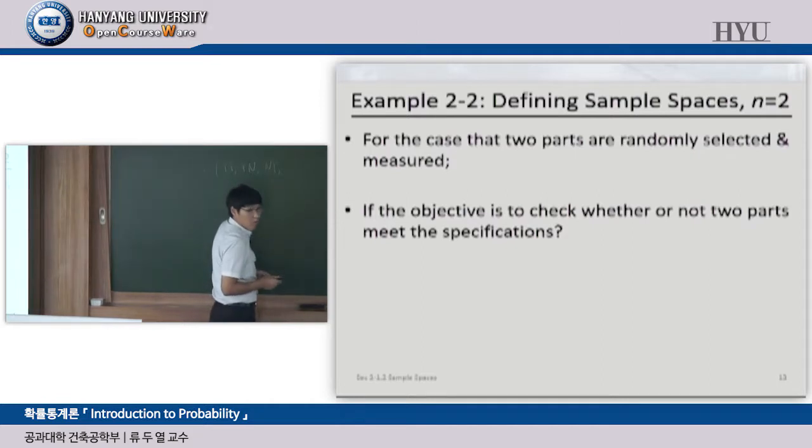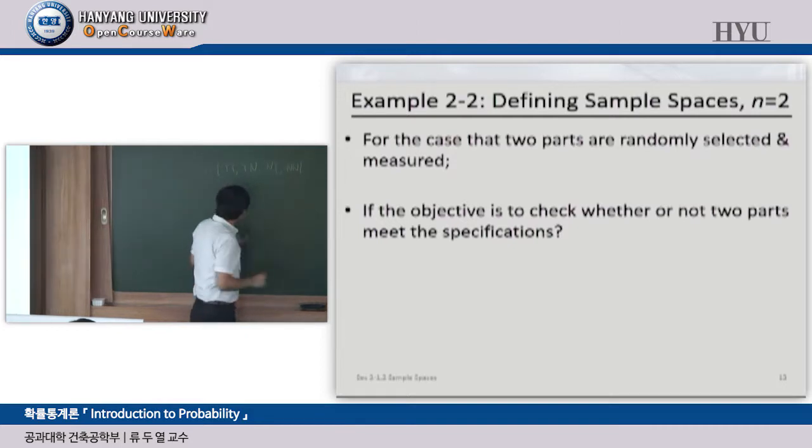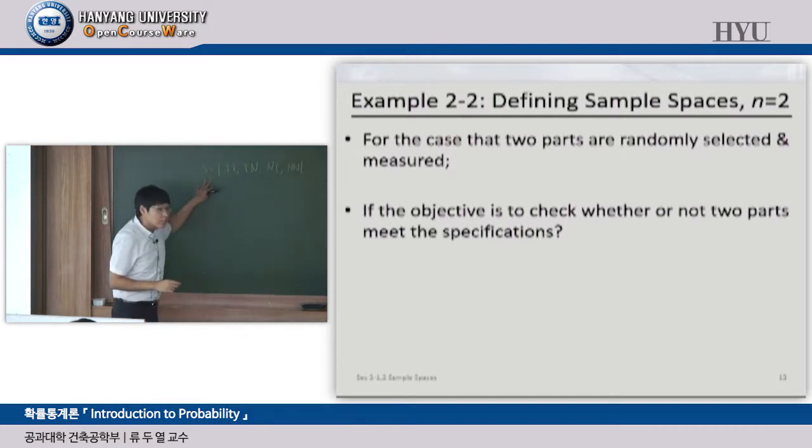And there is also possibility that both two parts did not meet the specification. So in that case, we can say NN. So this is the sample space for this question, right? So as you can see, this is also discrete system.